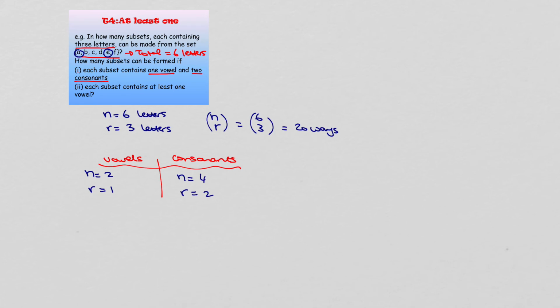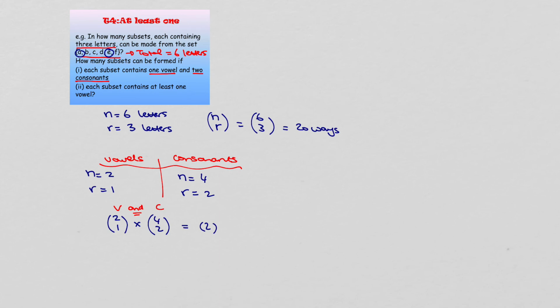So in other words it's going to be 1 vowel from 2 and, meaning multiply, 2 consonants from 4. So again this is our and. So vowels and consonants. So we have 2 choose 1, which is 2, multiplied by 4 choose 2, in other words 6. So that gives us a total of 12 ways. So we have 12 ways of getting a subset with 1 vowel and 2 consonants.